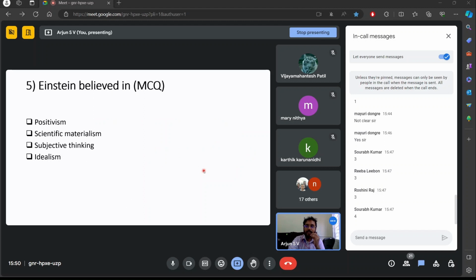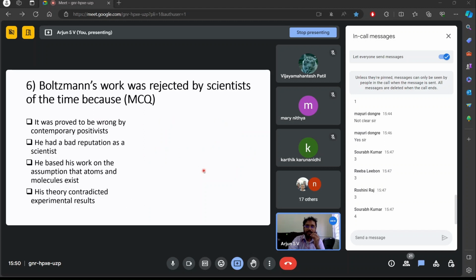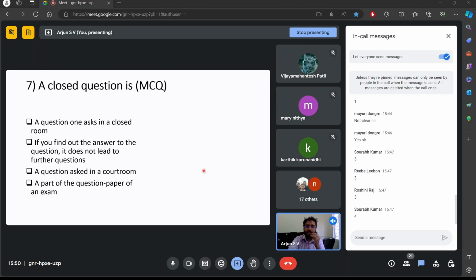Question five, Einstein believed in scientific materialism. Question six, Boltzmann's work was rejected by scientists of the time because he based his work on the assumption that atoms and molecules exist. And question seven, a closed question is one where, if you find out the answer, it does not lead to further questions. Option two.